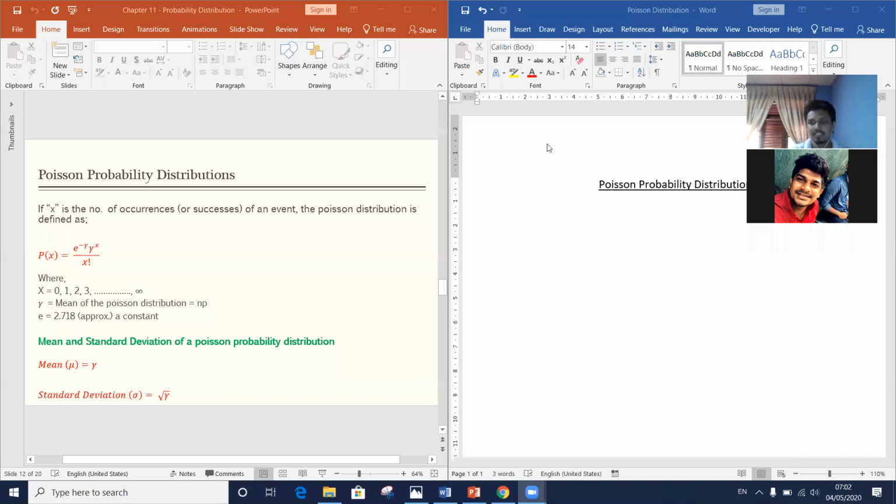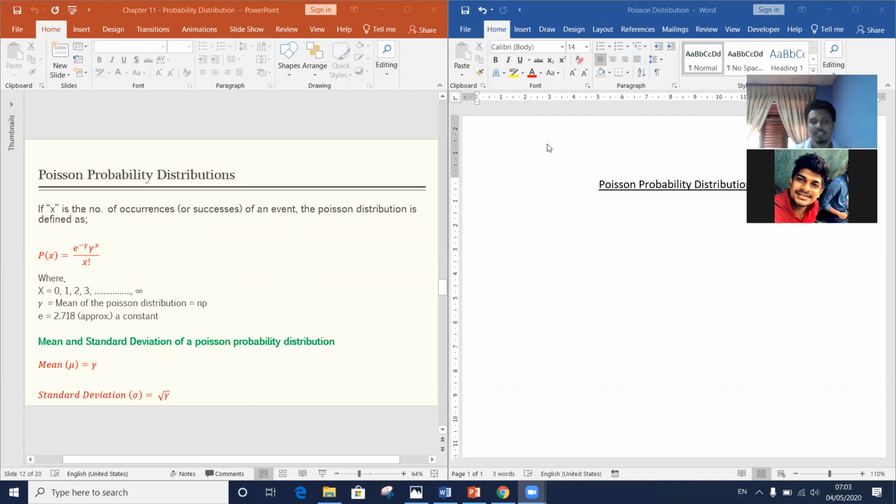And then we have discussed that there are two types of probability distributions. Hope you can remember. One is discrete probability distributions. The other type is continuous probability distribution. So far we are in the discrete probability. So far we are discussing discrete probability distribution types.